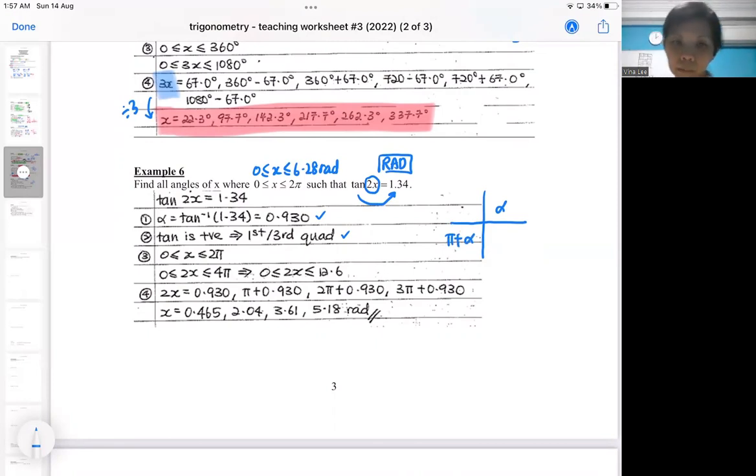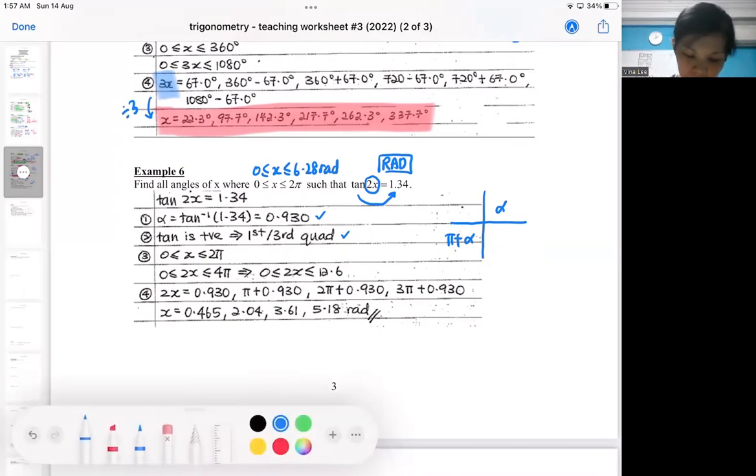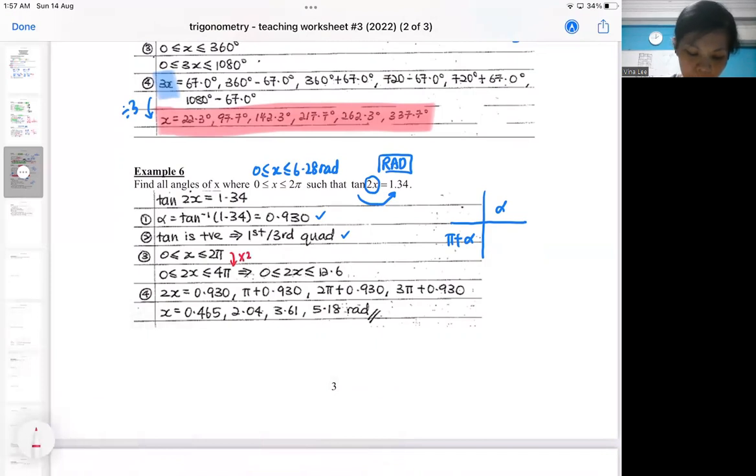Okay, so 2x is allowed, when you multiply by 2, you realize that 2x is allowed to go till 12.6 radian. So it's essentially 2 rounds. So 2x is going to visit the first quadrant twice.